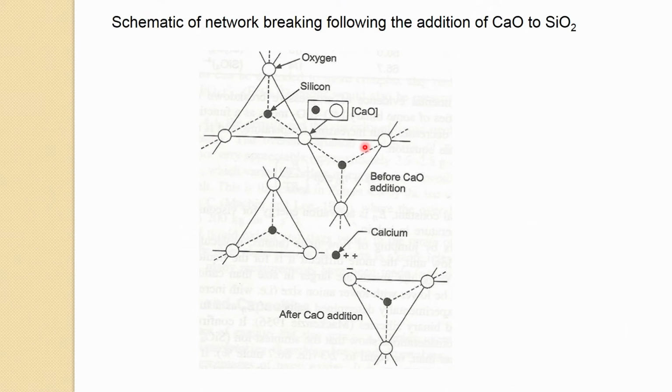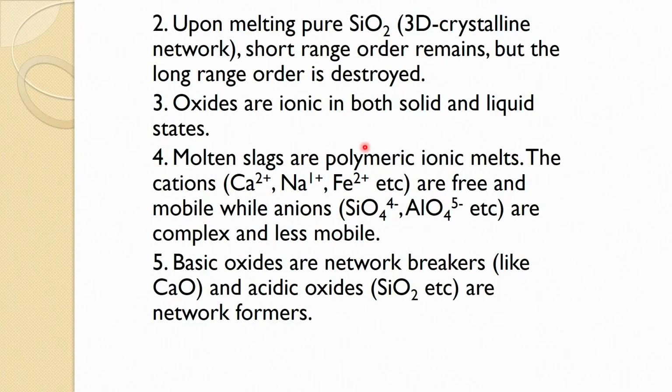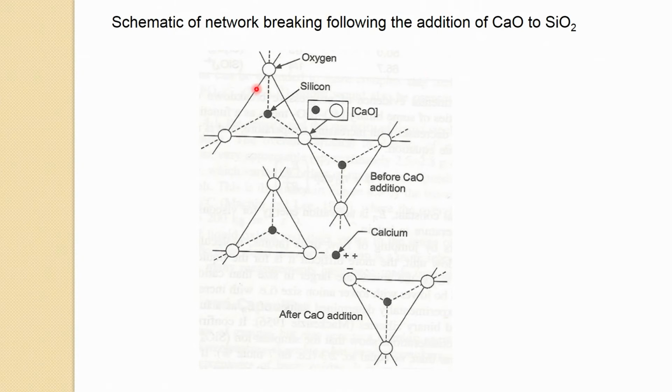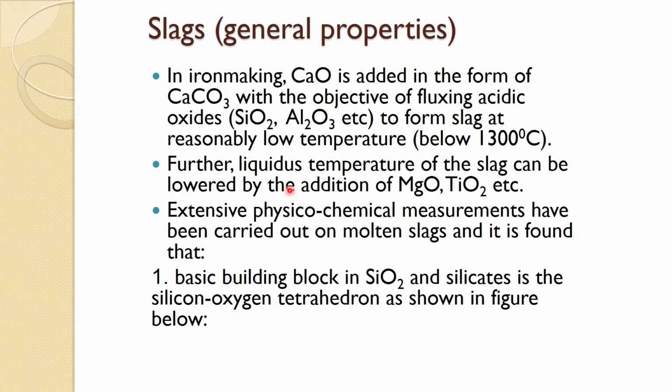However, this can be broken down. Now, we will see how. Upon melting pure SiO2, which is a 3D crystalline network, short range order remains, but the long range order is destroyed.